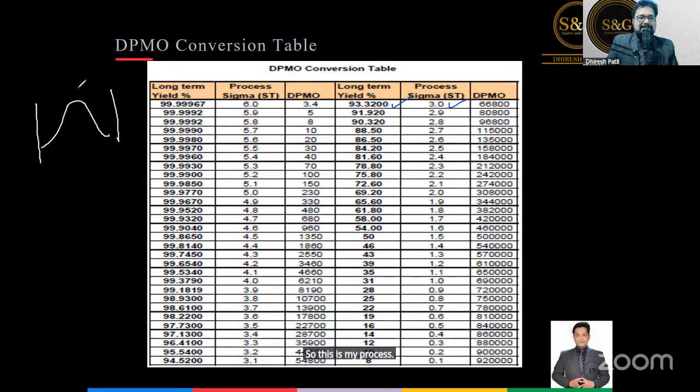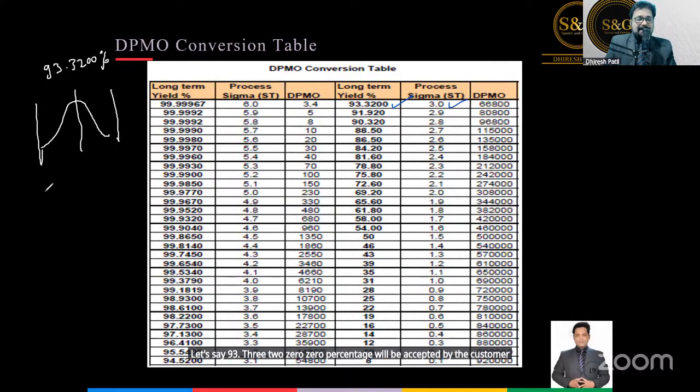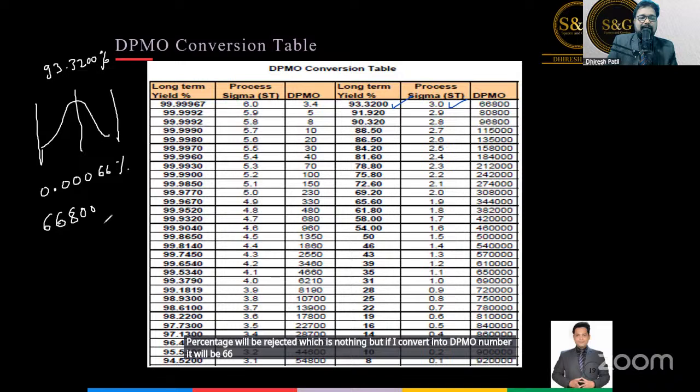And in this process, let's say 93.3200 percentage will be accepted by the customer, and 0.00066 percentage will be rejected, which is nothing but, if I convert into DPMO number, it will be 66,800 per million.